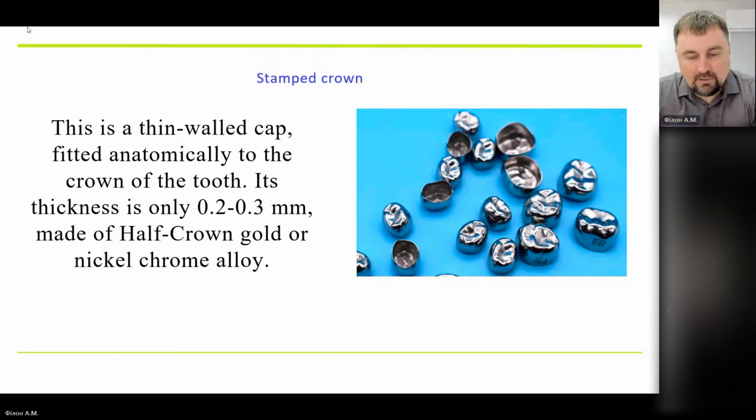Okay, let's talk about the material. If such a crown were made of gold, it's not a bad kind of treatment. It was actually a very good kind of treatment, which has a lot of good things and bad things.